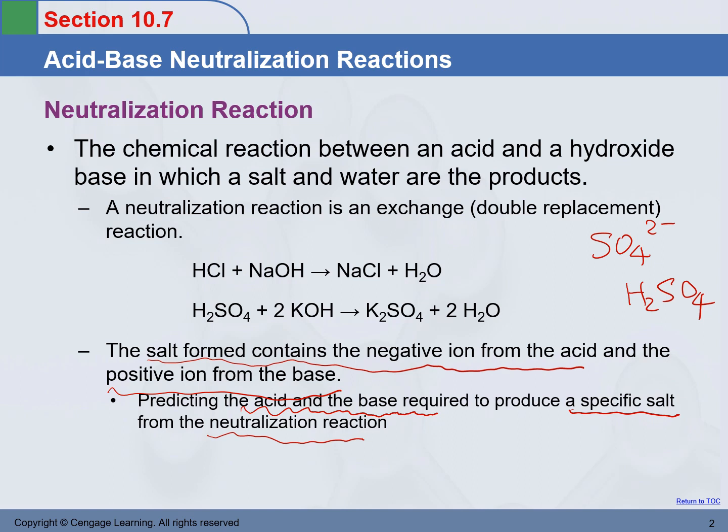Of course, it will produce water as well, but salt will be a product from the reaction of acid and a hydroxide base. I tell my students, consider salt as a child from two parents, one acid, one base.